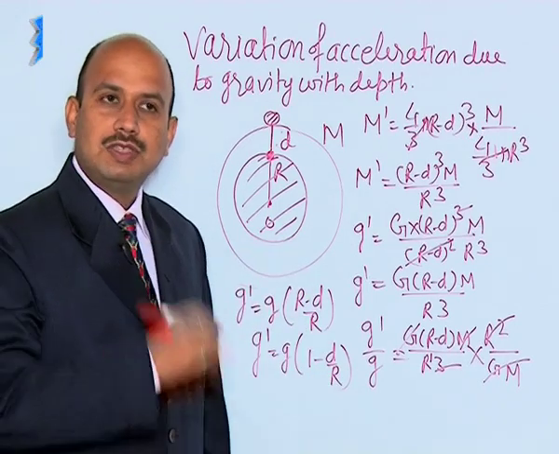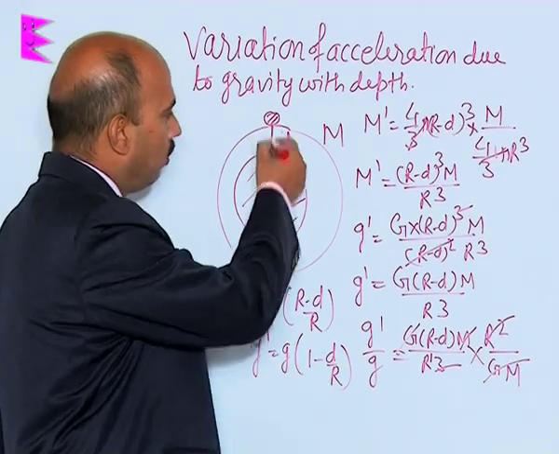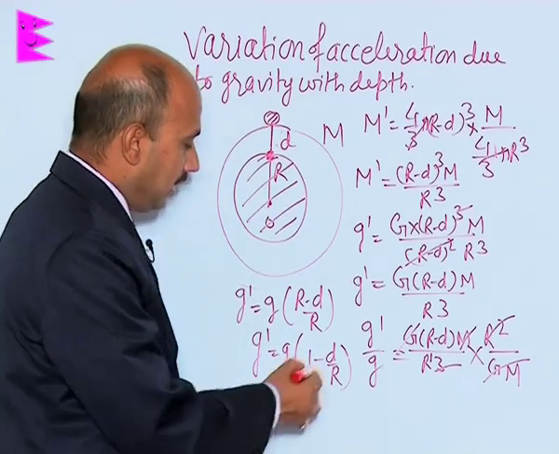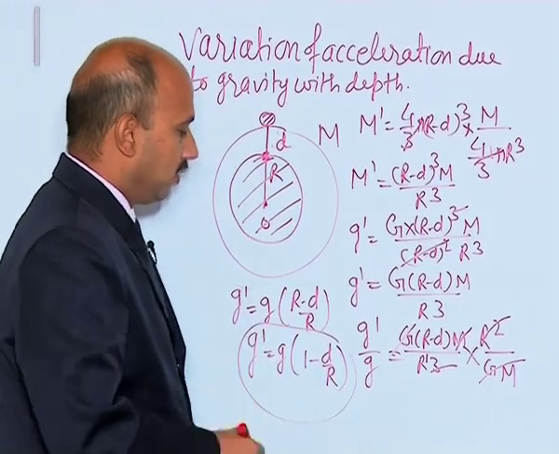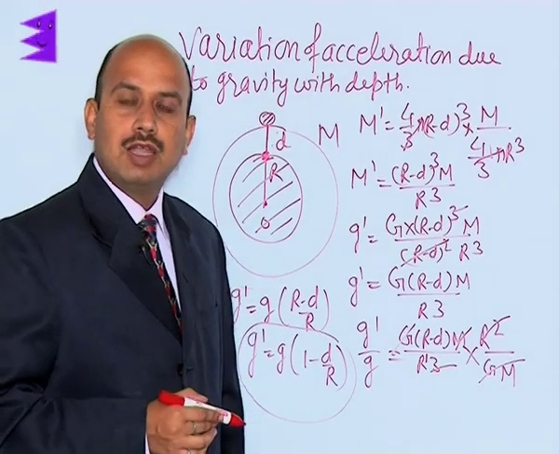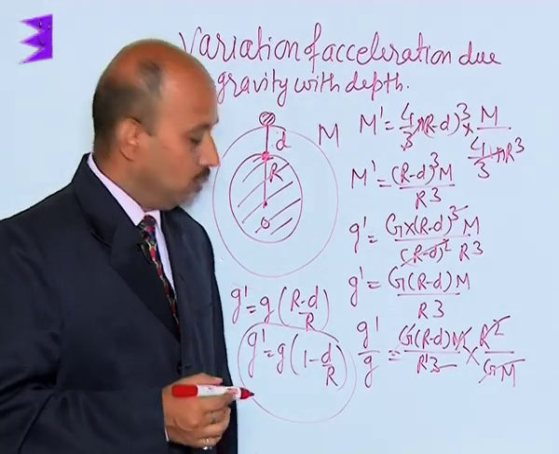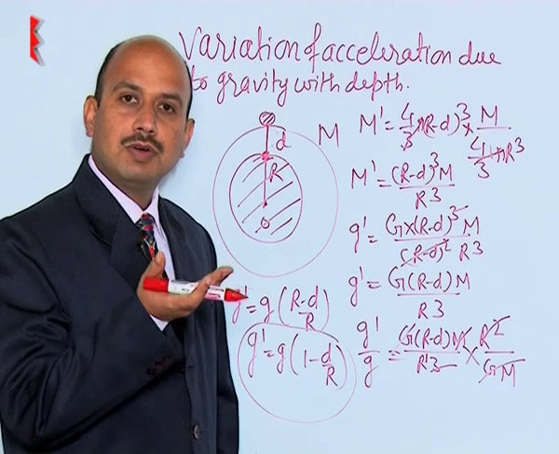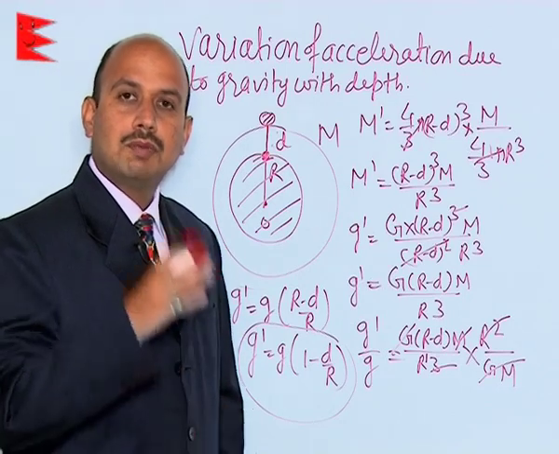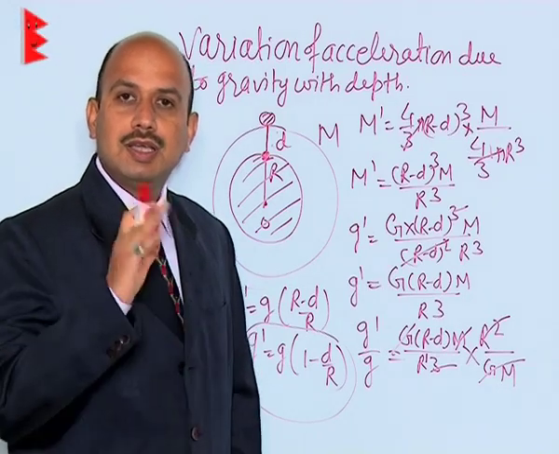So, the value of g changes when we go down into the earth, and that is according to this formula. From this formula it is clear that the value of g reduces. So, whether we go above the surface of earth or down below the surface of earth, in both cases the value of g decreases.